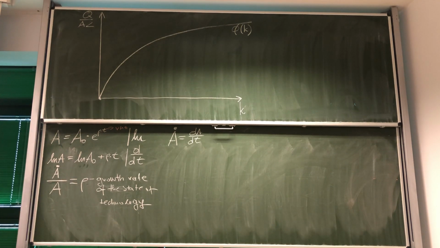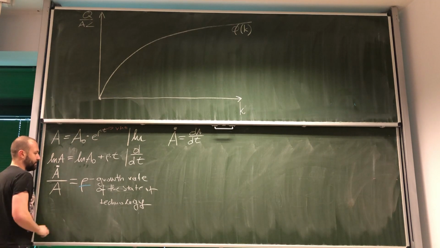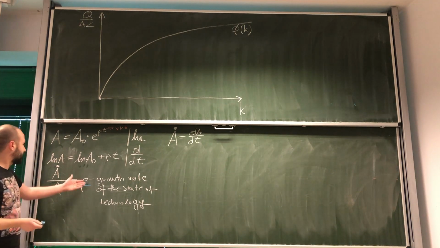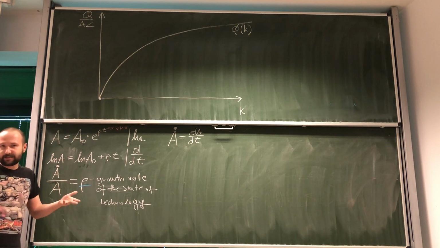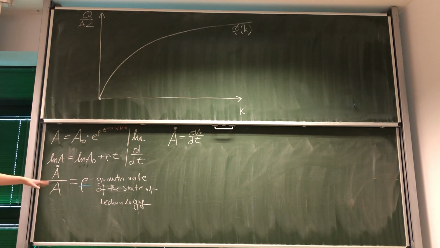And let's notice a very pleasant thing about this expression. Rho is a constant, right? Because it's a constant, this is the best thing we can get in terms of simplicity, because now we see that technology here grows at a constant rate.